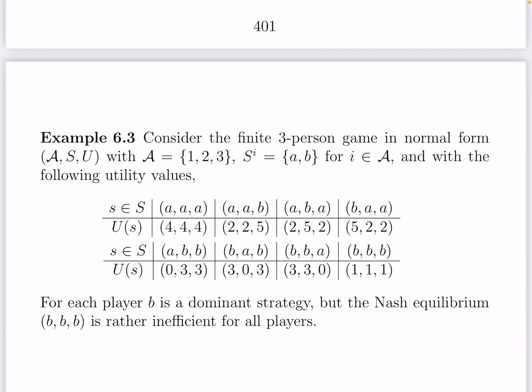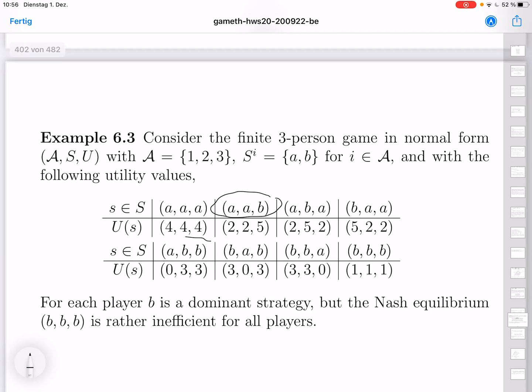Then if a second player also has to think between whether he chooses A or B, if we start with AAB and now player 2 has to think, suppose we are here, and then he goes to this situation, then if he changes from A to B, his utility increases from 2 to 3, but that of player 1 decreases from 2 to 0, and of player 3 decreases from 5 to 3.